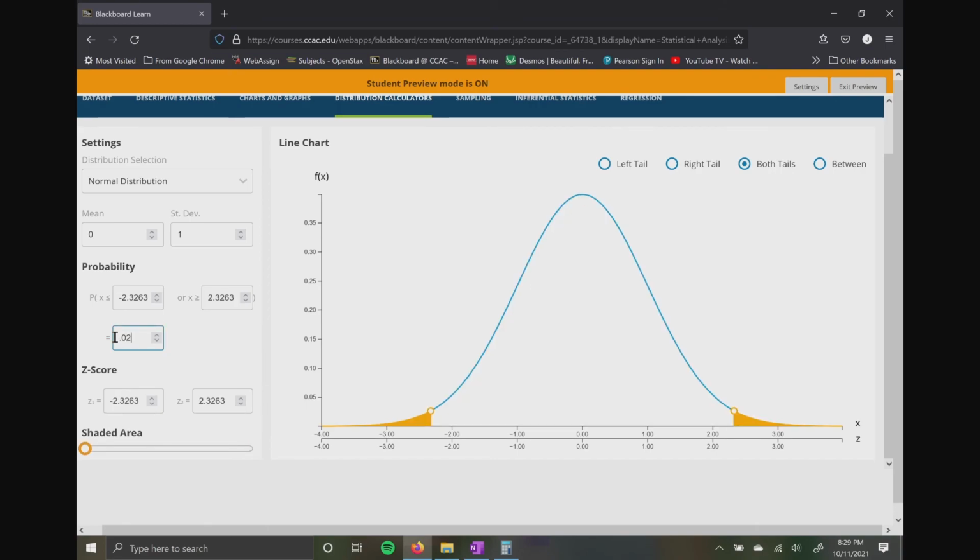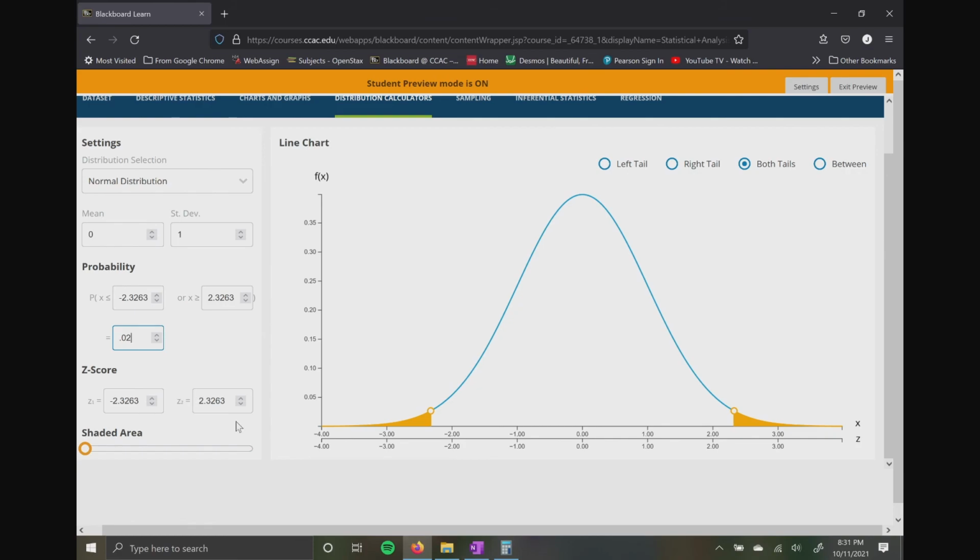Not only does it separate it for us, but it looks exactly like the one that I drew. Also, when we look at the probability here, we went 0.02, and notice our z-scores are negative 2.3 and positive 2.3. So there is where we get a little bit of ambiguity here.